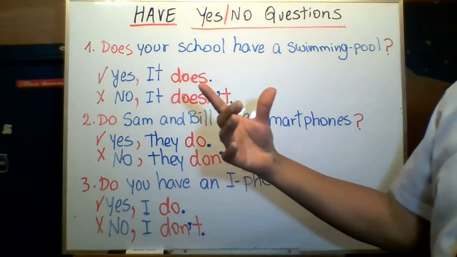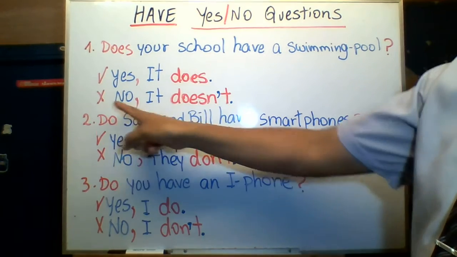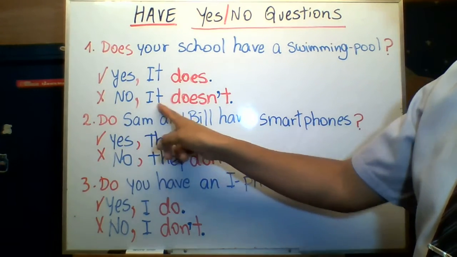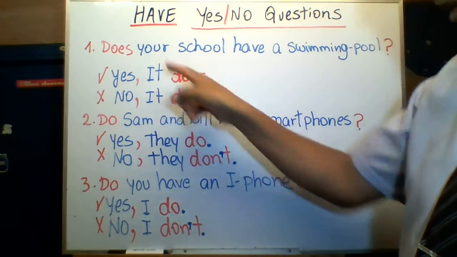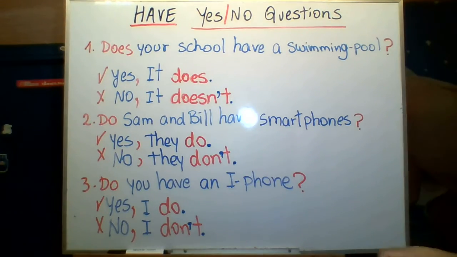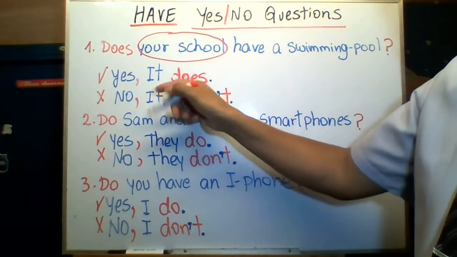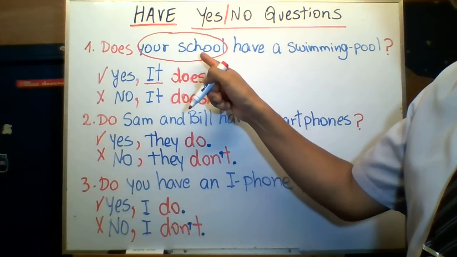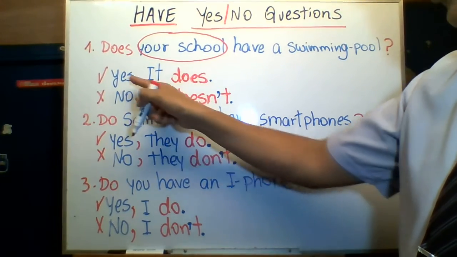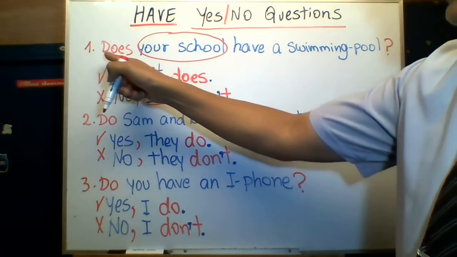Suppose your school has one. Yes, it does. Is it negative? No, it doesn't. Notice that you replace your school by the subject it because it's not a person. And then you say yes or no, the subject, and the same auxiliary.